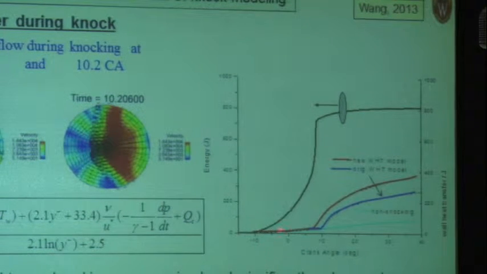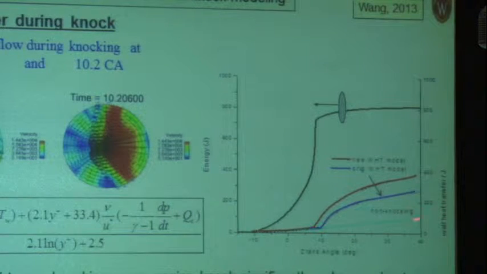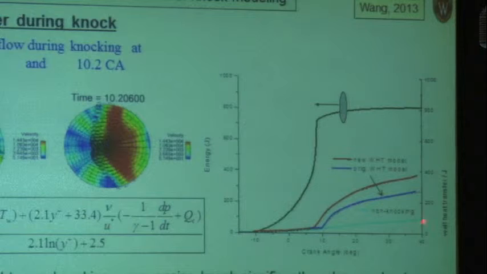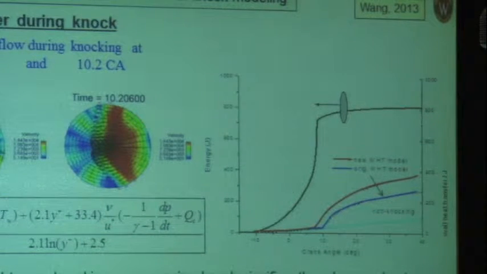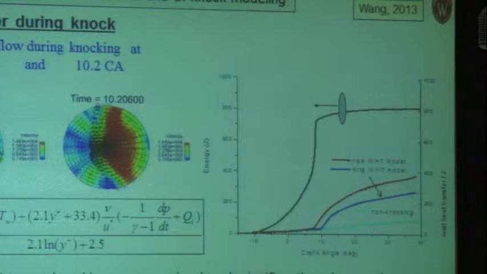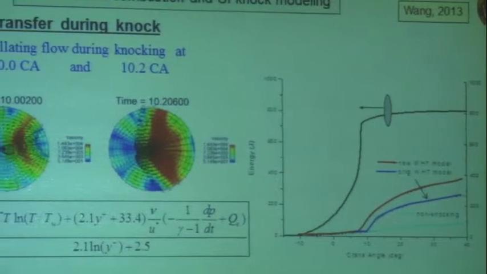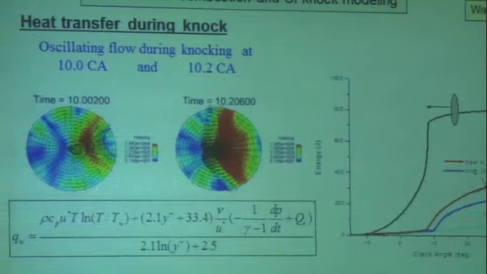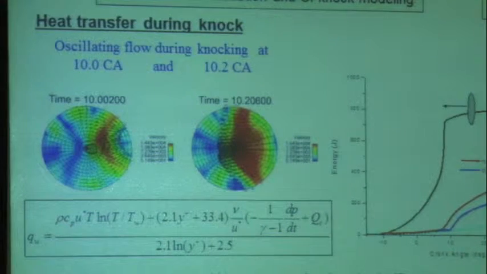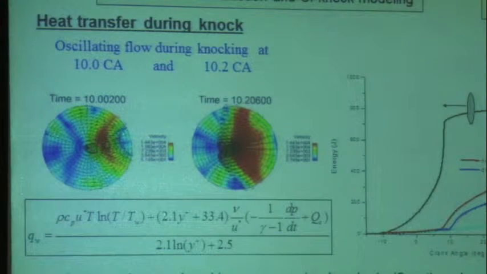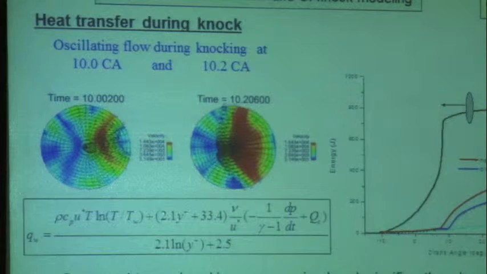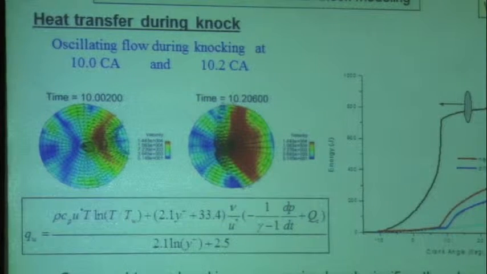So if there is no NOC, what we predict is this blue curve down here, where basically the heat loss is just a small fraction of the total fuel energy. On the other hand, if you now operate with a spark timing such that you obtain NOC, what you find is a big augmentation of heat loss. This looks like more than a factor of 2 increase in heat loss to the walls.